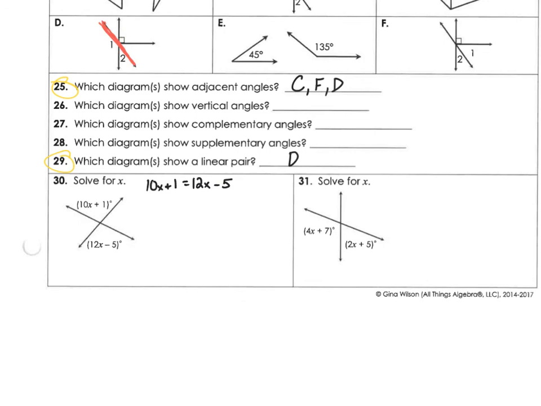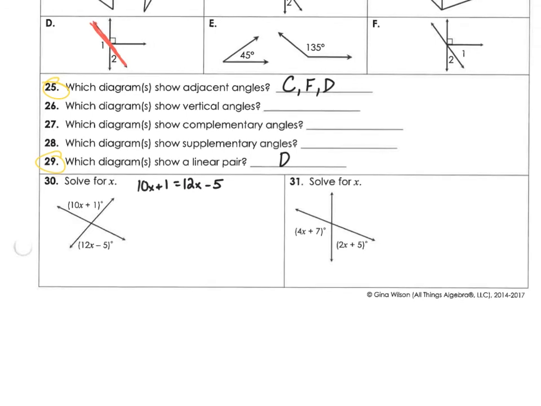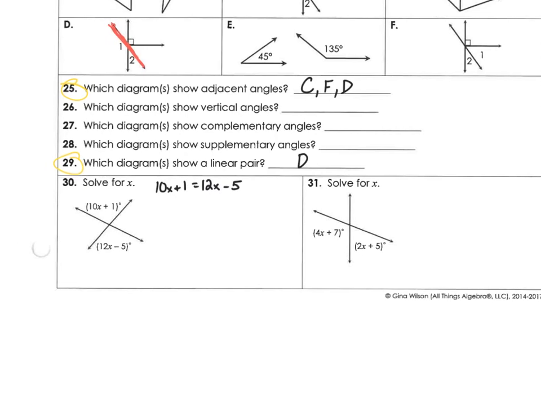Okay, look at 31. What would those two angles equal? Good. Okay, so do 26, 27, 28, 30, and 31. All right.